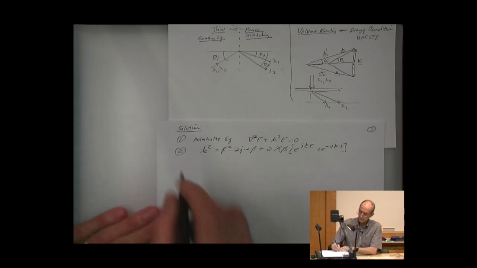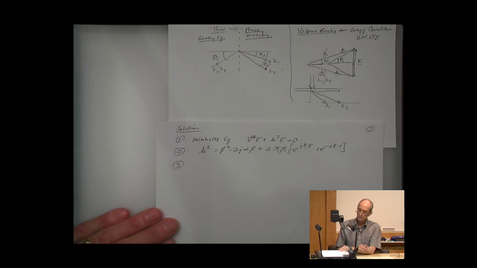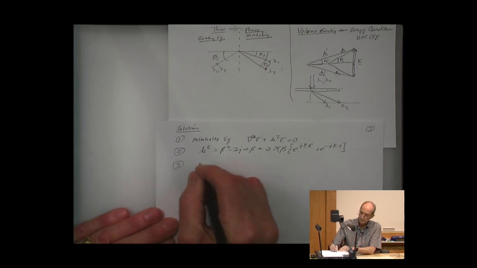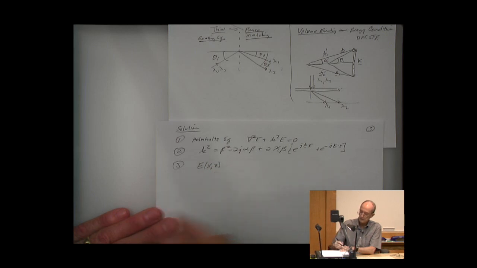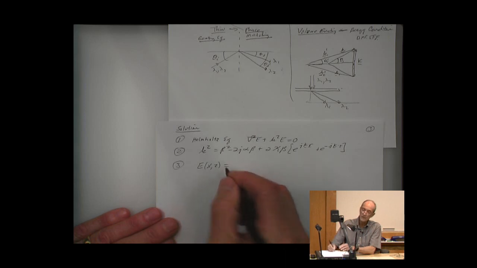The next component of our solution relies on the fact that, as one of our assumptions, the field is only a function of x and z. We assume it's the same in the y direction. And this has only two components.